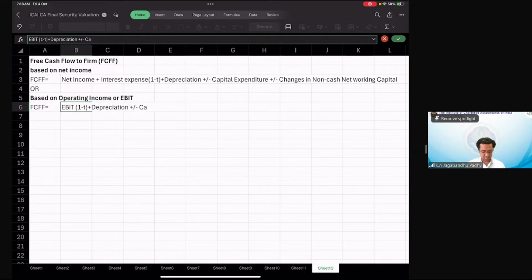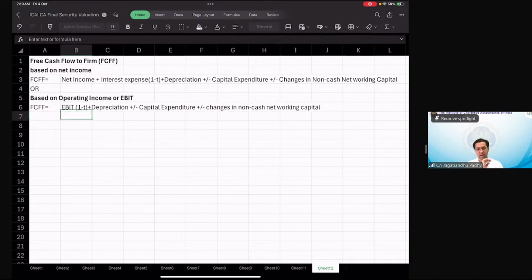Plus or minus changes in capital expenditure, right? And then again plus or minus the changes in non-cash net working capital.